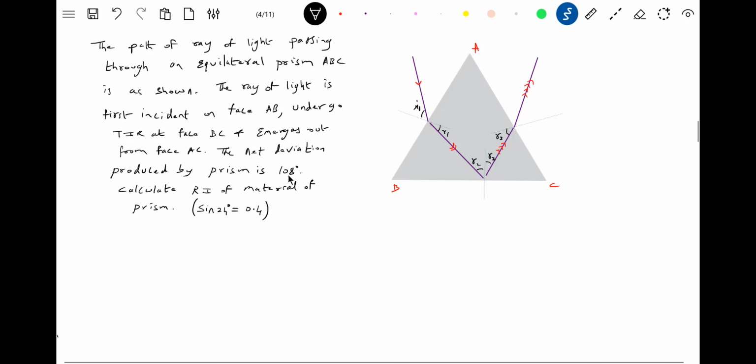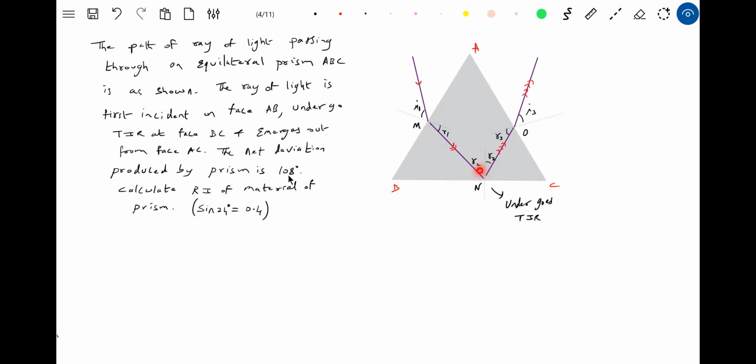Let this be R3. Let this be I3. It will undergo TIR here. If it undergoes TIR, it will act like a reflecting surface. Angle of incidence should be equal to angle of reflection. Now we have to calculate the mu of the prism.